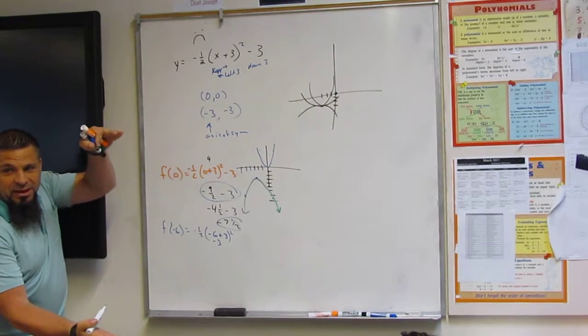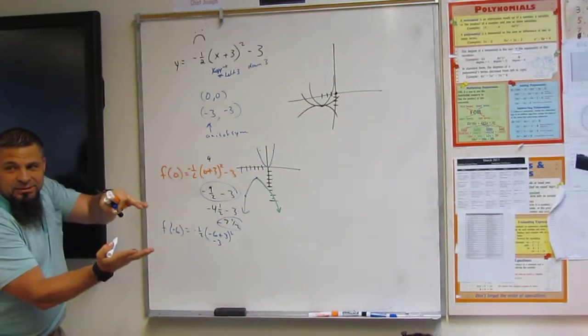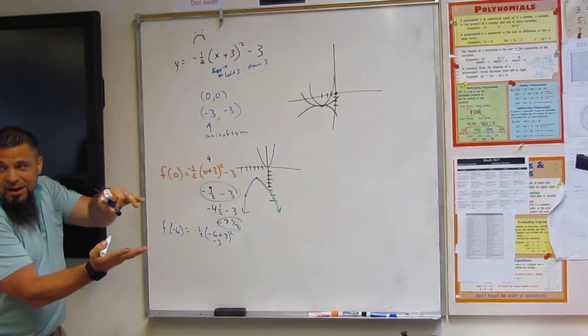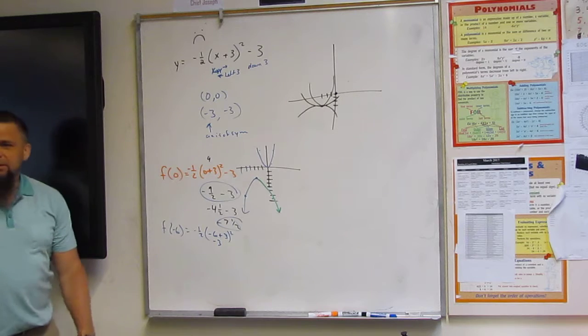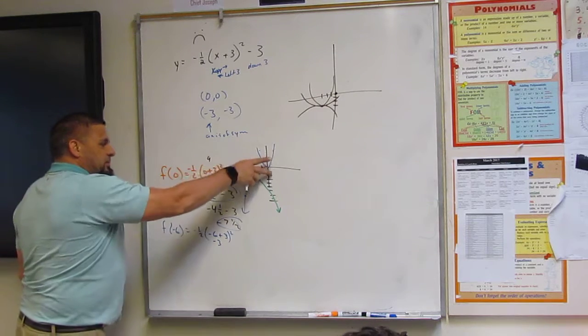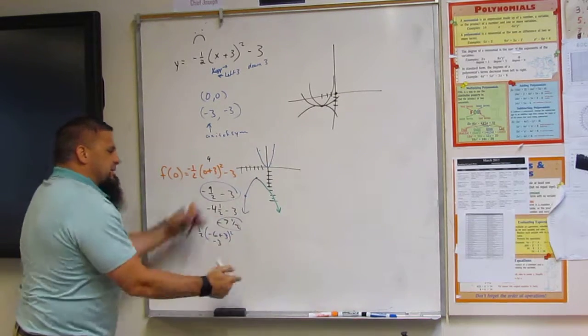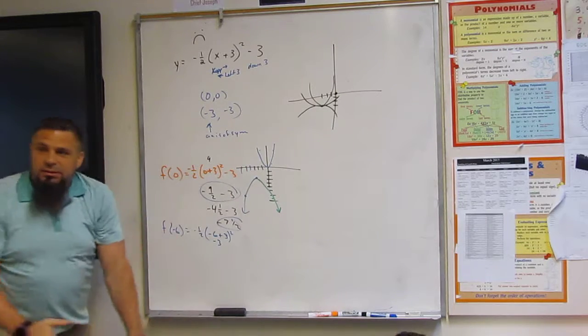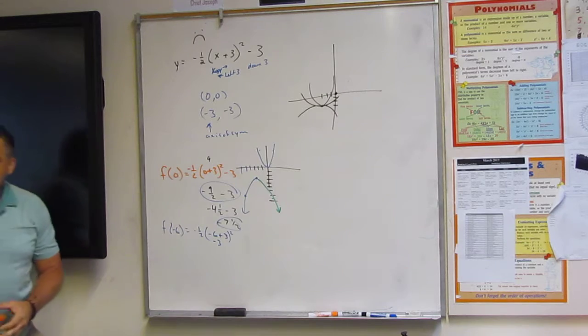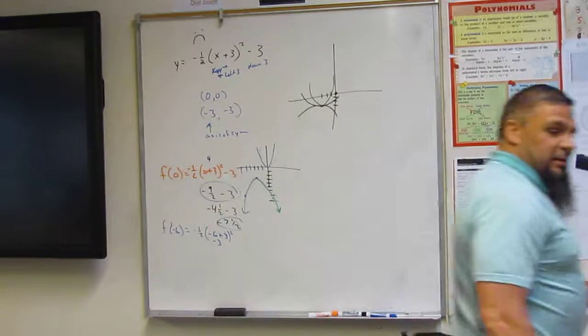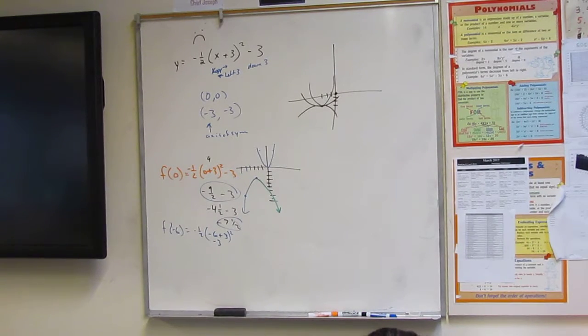Or let's say vertically compressed a little bit. So this was flipped over, moved over, down, and then someone sat on it. Alright, that's it. That's pretty easy.